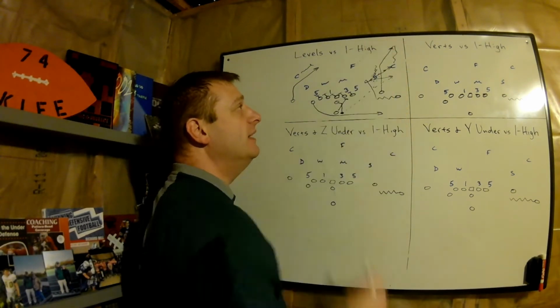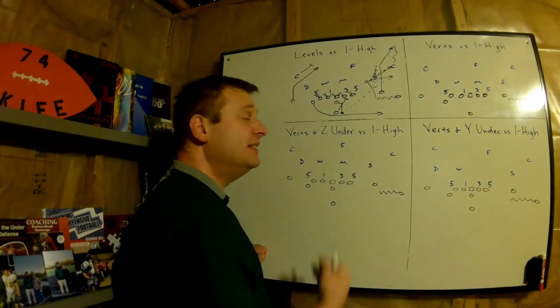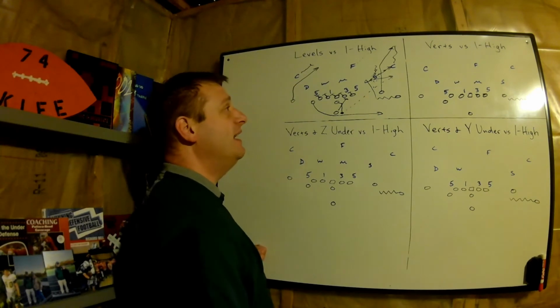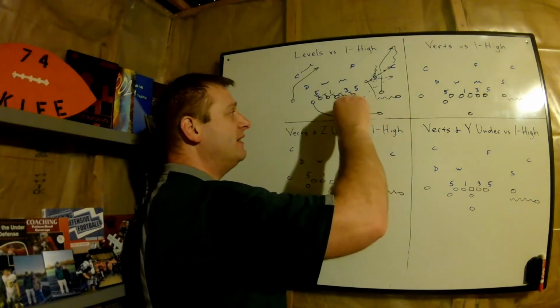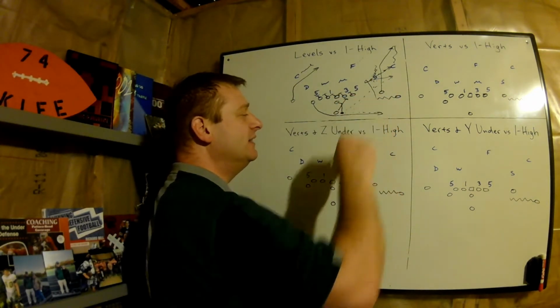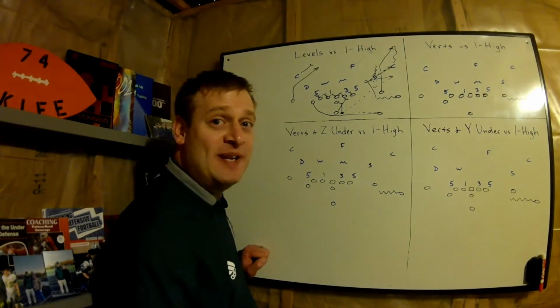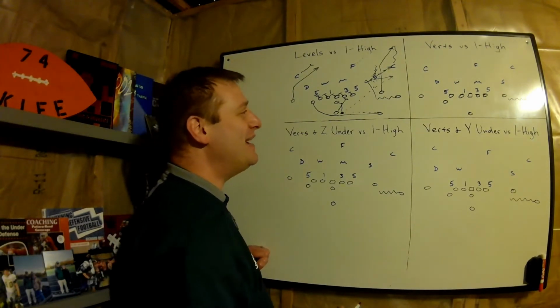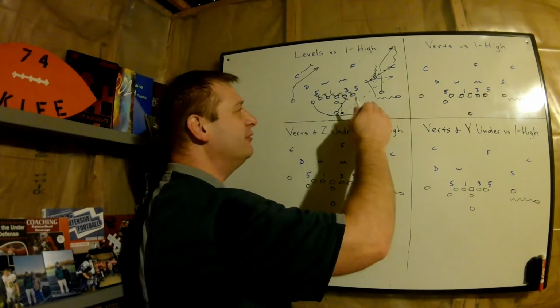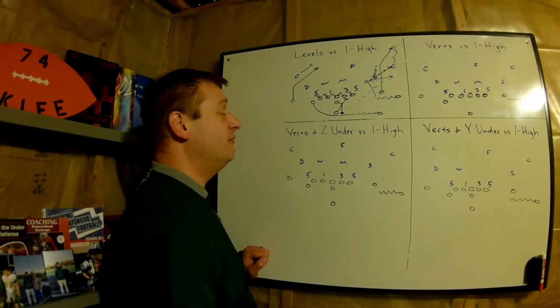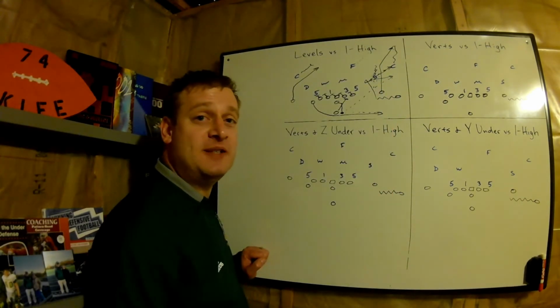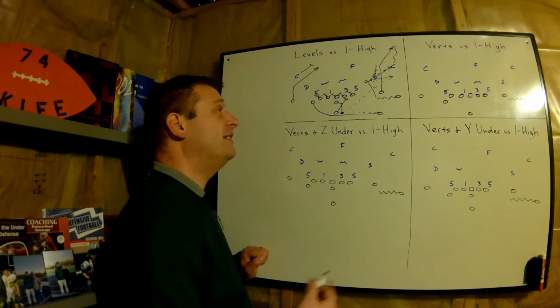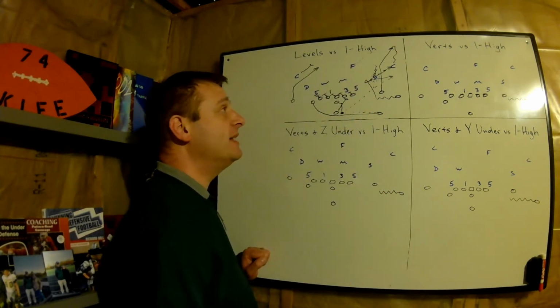We're going to be on different levels, hence the name of the play, and we're making sure that when we check this down, it's a glorified pitch, that's all it is, but there's a lot of room for this guy who's used to getting the ball on a pitch and making moves out on the edge. There's a lot of room for him to make something happen.